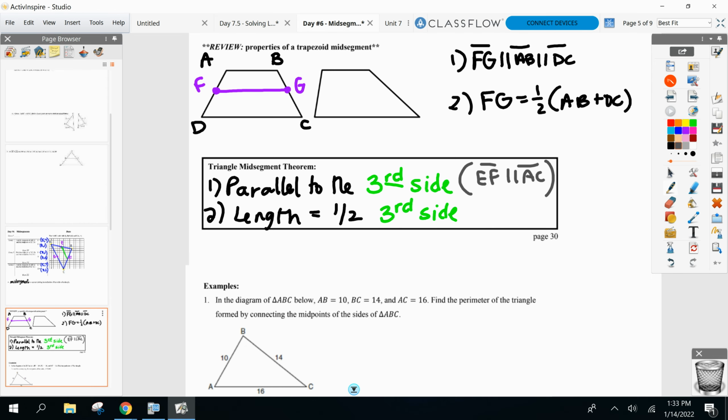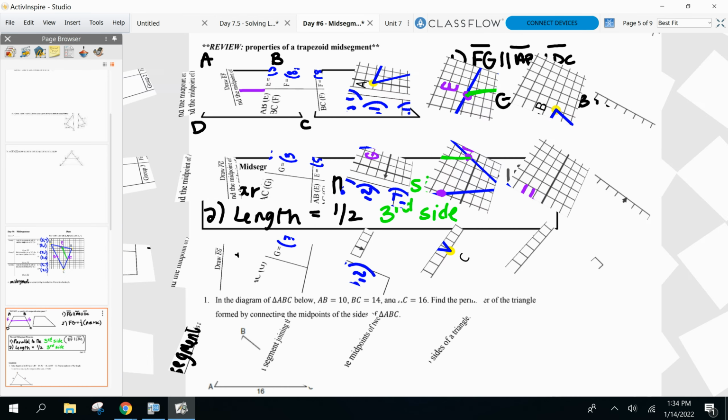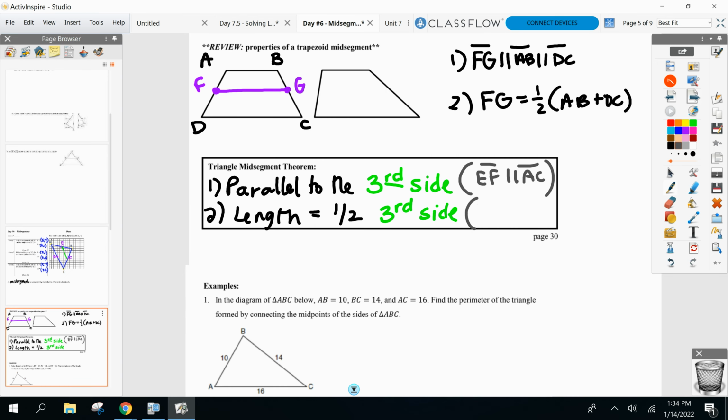Go back to your graph. What's EF going to be half of? The length of EF is half the length of AC. Perfect. Everyone see? Very much like the trapezoid, except I don't have as many sides as the trapezoid.